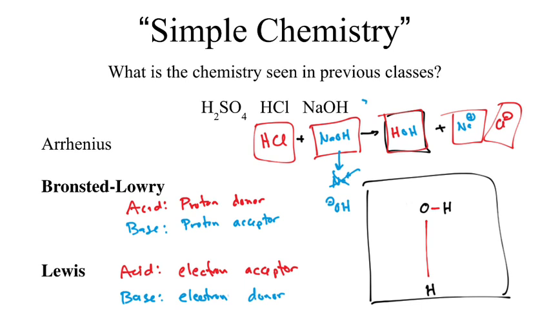Lewis, shifting to looking at electrons, now applies to 90% of chemical reactions. So the Lewis definition is much broader and allows me to grab a hold of a whole lot more chemistry, which is why when people talk about organic chemistry, you'll hear them reference Lewis acids and bases far more often than Bronsted-Lowry.